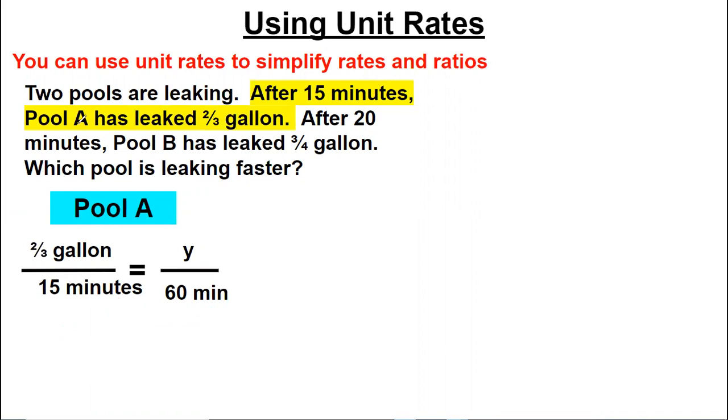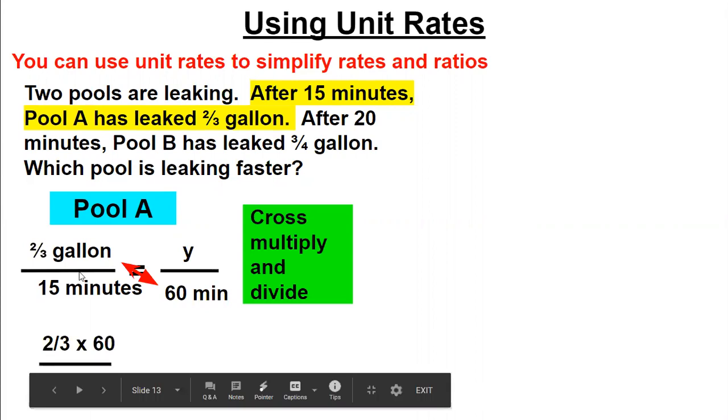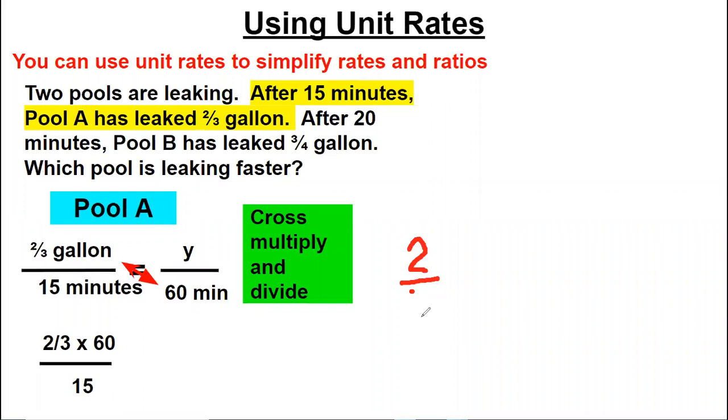So now I'm going to cross multiply and divide. So I'm going to cross multiply 2/3 times 60, and then I'm going to divide by the 15. So what is 2/3 times 60? Well, if you were trying to do that, you would do 2/3 times 60 over 1.